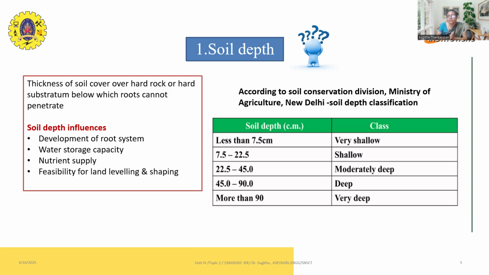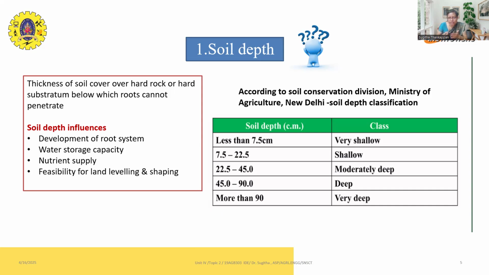According to the Soil Conservation Division, Ministry of Agriculture, New Delhi, there is a soil depth classification. There are 5 different classes of soil based on soil depth, from less than 7.5 centimeter to more than 90 centimeter. If the soil depth is less than 7.5 centimeter, you can categorize it under the very shallow class.